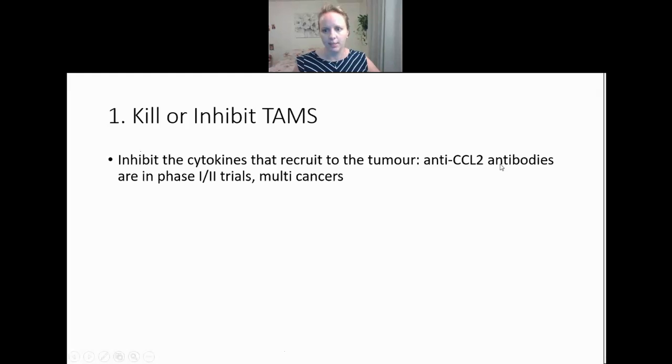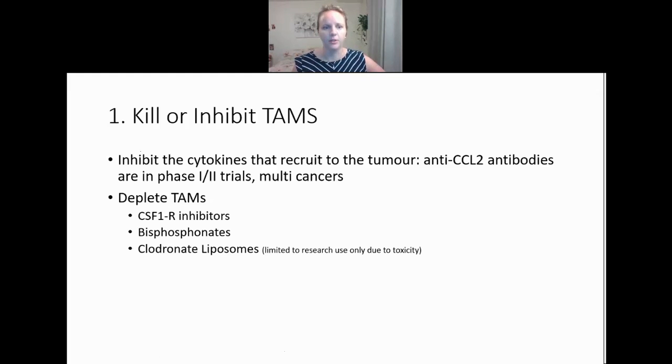Anti-CCL2 antibodies are in phase 1 or 2 trials in multiple cancers, with limited success so far. To deplete TAMs, there are some agents, but they're limited by their specificity against the M2 or TAMs.